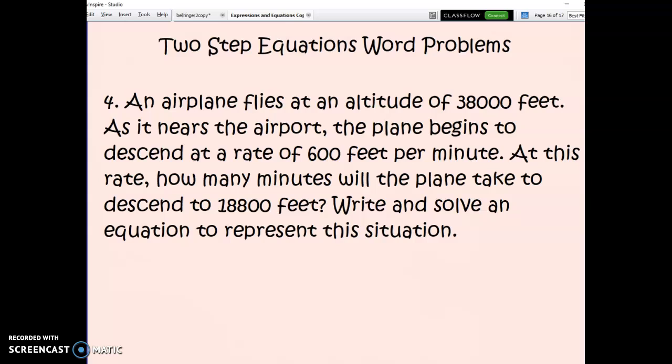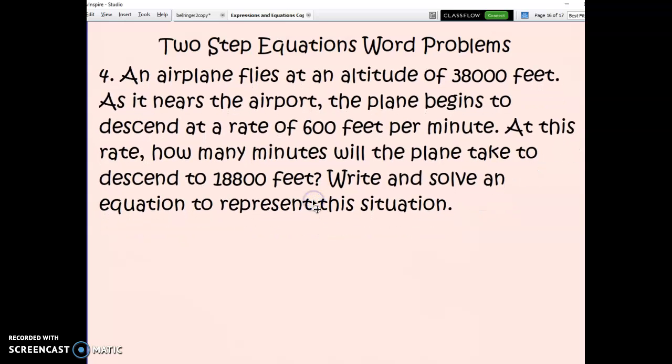Here's our next one. An airplane flies at an altitude of 38,000 feet. As it nears the airport, the plane begins to descend at a rate of 600 feet per minute. When we see the keyword per, that means to multiply, so we would multiply 600 times the number of minutes.